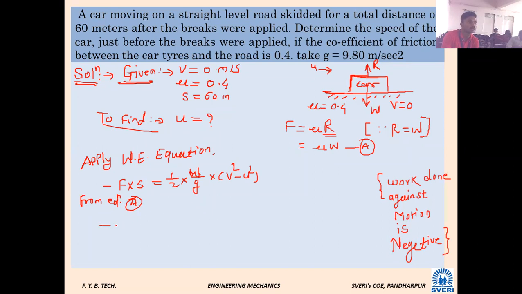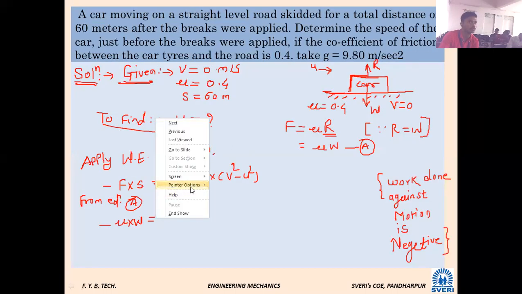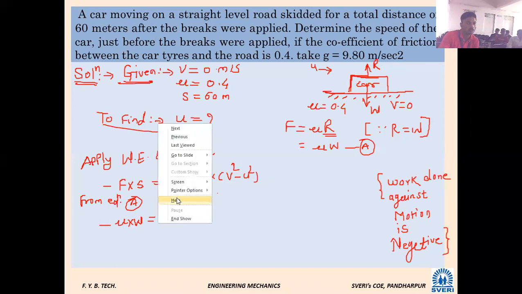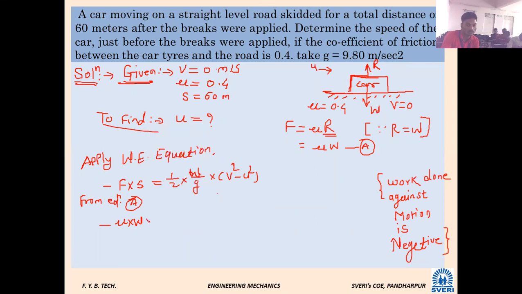F is minus mu W into S. Meanwhile, we will do 1/2 into W upon G into V square minus U square.